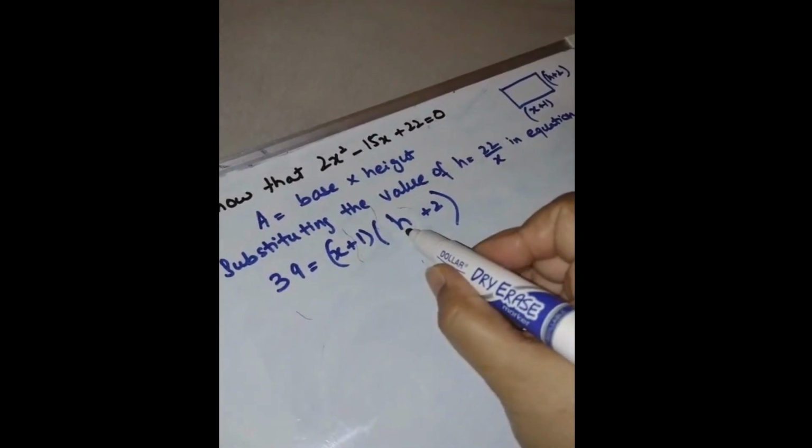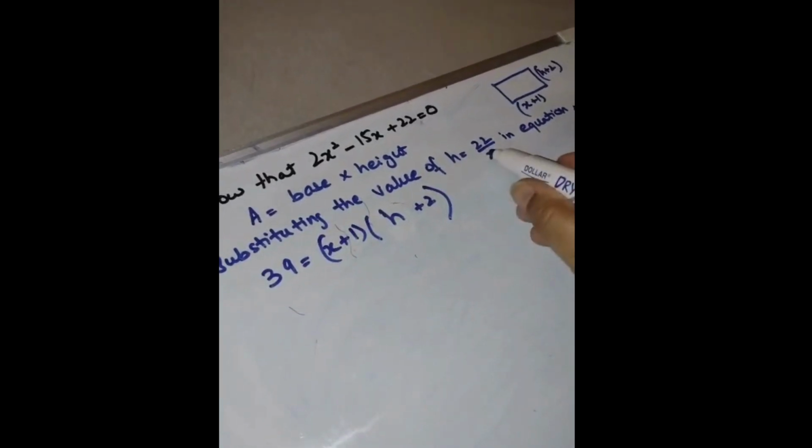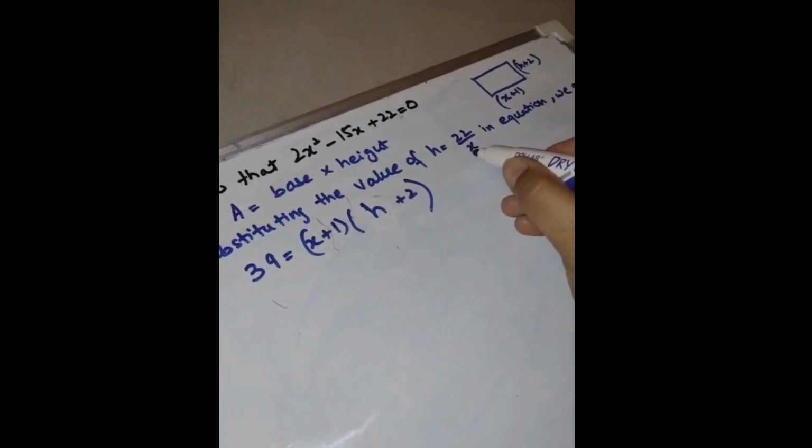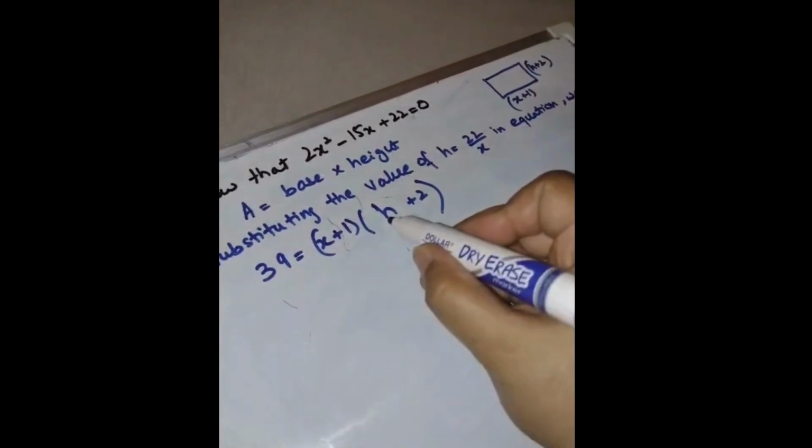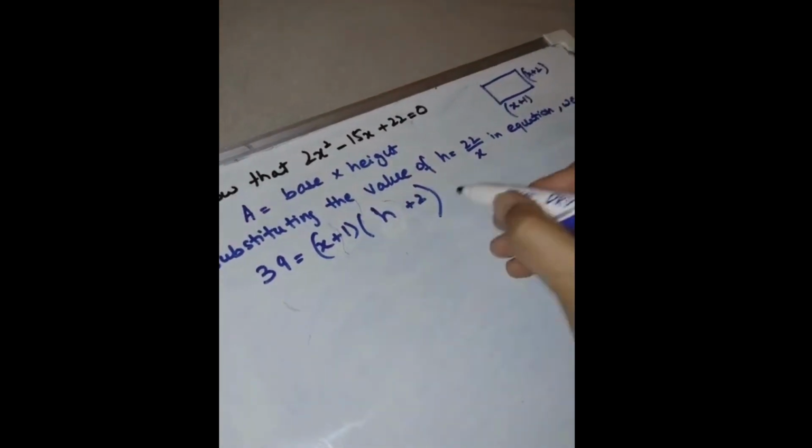So now we are substituting the value of h, which is 22 upon x, into this equation.